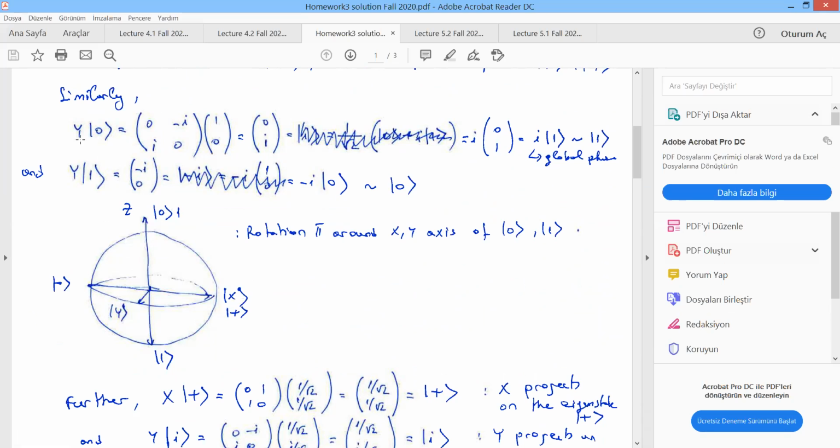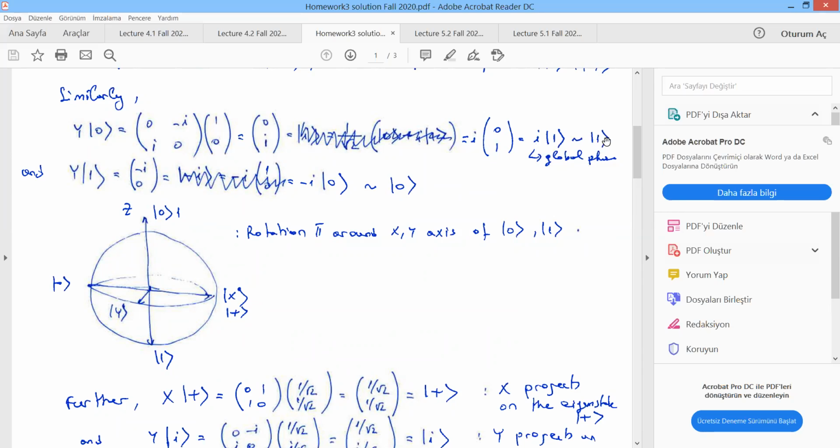ket 0 with Y, this is [0 -i; i 0], and this is ket 0. You end up with the column vector [0; i]. This is the same as i times [0; 1], which is i ket 1. And we said global phases do not matter because they are not measurable.